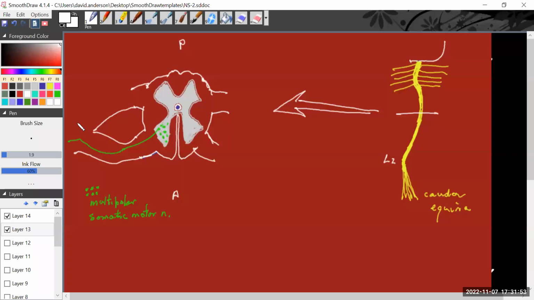I might have said dorsal there. I meant anterior is ventral. Okay, so this is the direction. If it's leaving the spinal cord, then by definition, it's efferent, and we know that efferent is motor. We good with that?